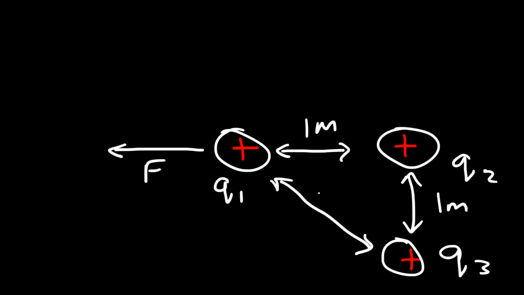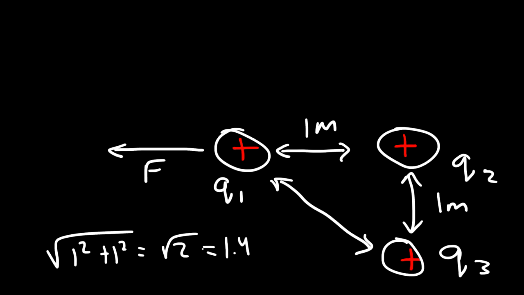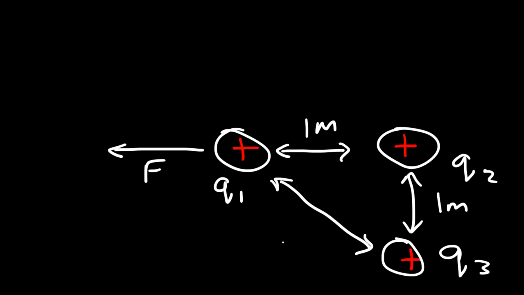So if you use C squared equals A squared plus B squared, if you take the square root of 1 squared plus 1 squared, you're going to get the square root of 2, which is about 1.4. And so because the distance between Q1 and Q3 is greater than that between Q1 and Q2, the force that is exerted on Q1 by Q3 is going to be weaker than this force. But this force will be in this direction, but we should draw a smaller vector.